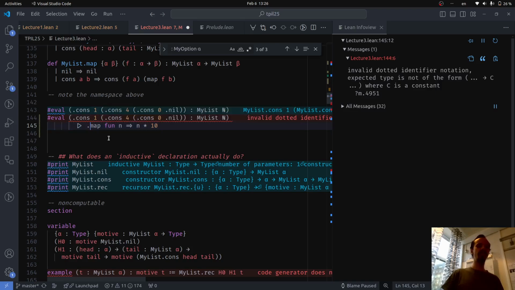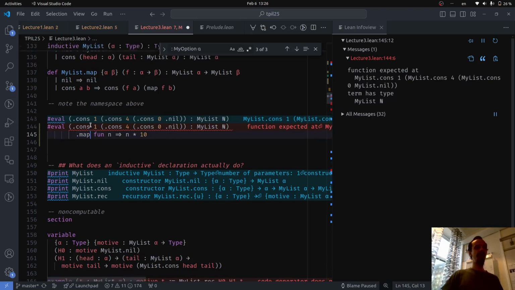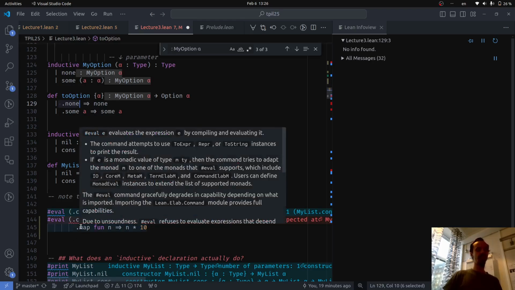I mentioned that this works like this: this dot map is the same kind of dot as this here. So it would look at the return value.